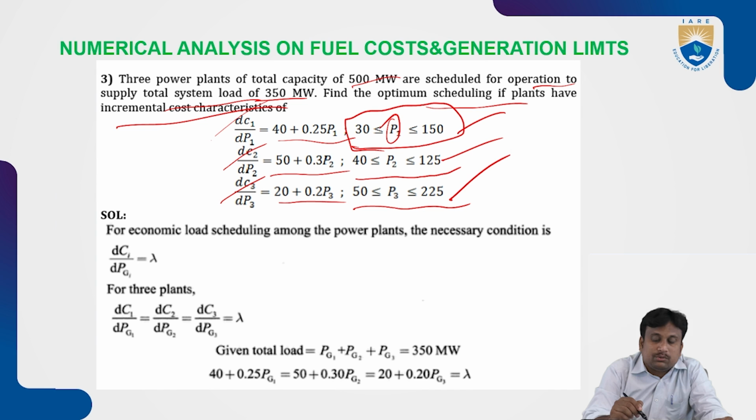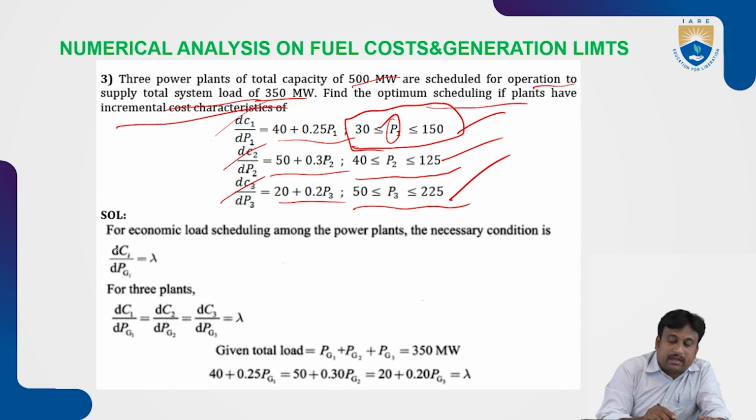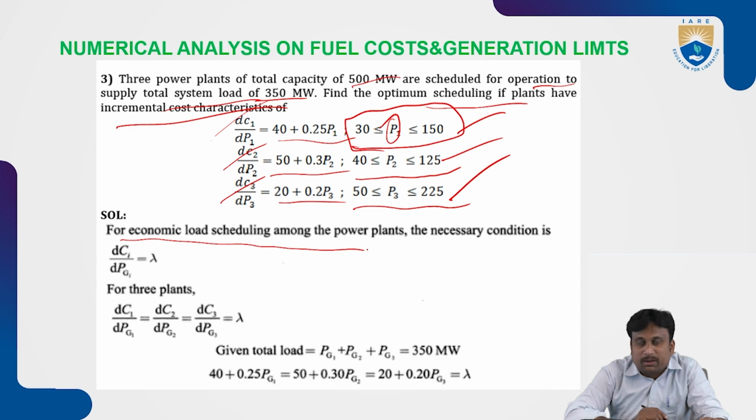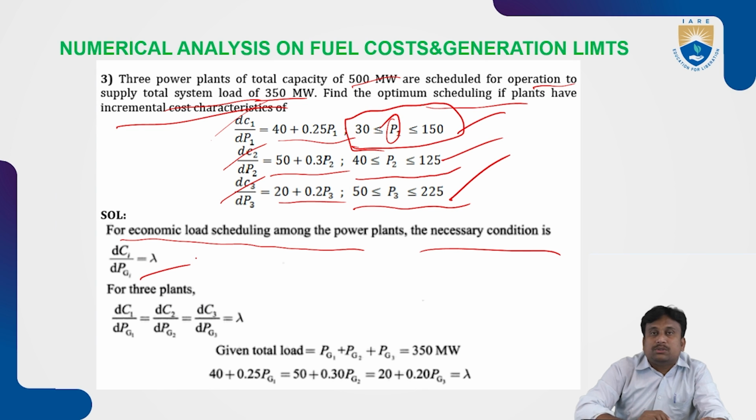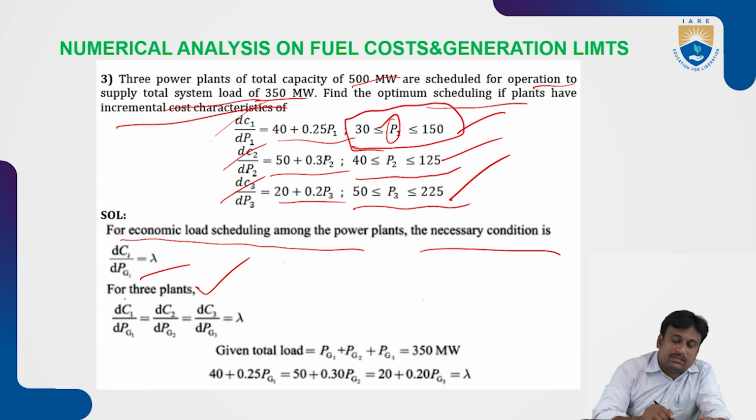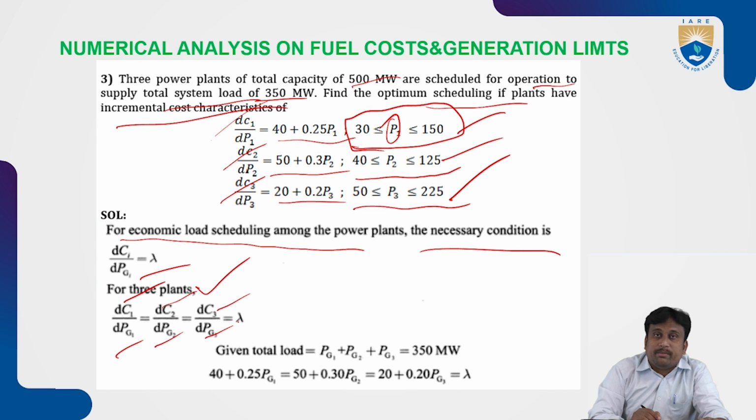So with these three conditions, we need to make the solution. For economic load scheduling among the power plants, the necessary condition is dCi/dPgi equals lambda. So for three plants, we must equate these conditions: dC1/dPg1 equals dC2/dPg2 equals dC3/dPg3, all equal to the coefficient lambda.